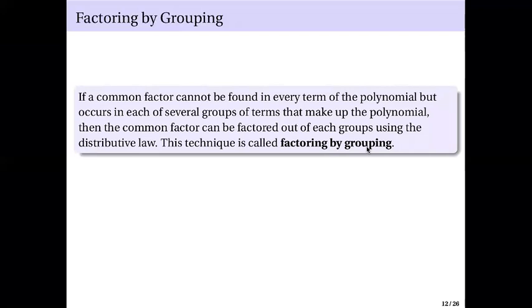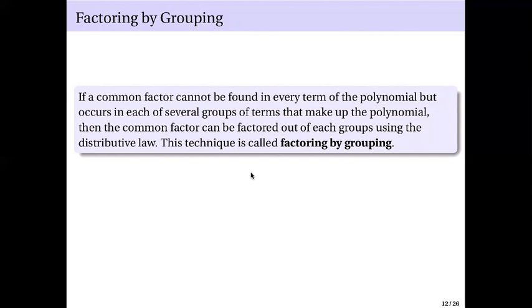So in the method of factoring by common monomial, you only look at monomials. What is the common factor for each monomial? For factoring by grouping, you group monomials.